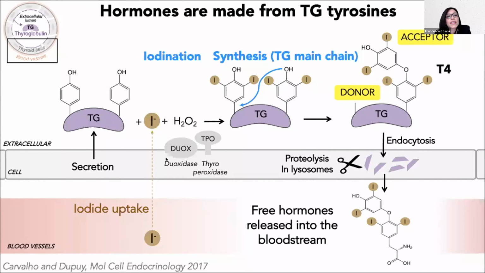Then there are two enzymes: duoxidase produces hydrogen peroxide, and then iodine is oxidized, and TPO peroxidase catalyzes the iodination of tyrosines in thyroglobulin. However, the same reaction can also happen just with the iodine, exactly as you do with crystallography when you derivatize.